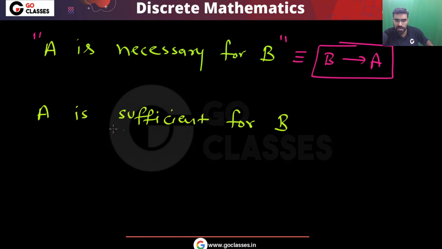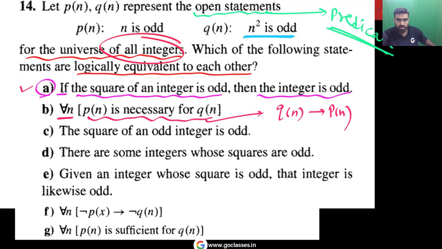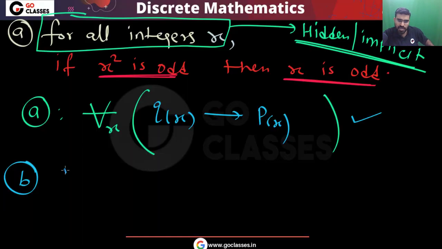"A is sufficient for B" we write as A implies B. So statement B, for all n, P(n) is necessary for Q(n), means Q(n) implies P(n). So your option B is basically: for all n, Q(n) implies P(n).